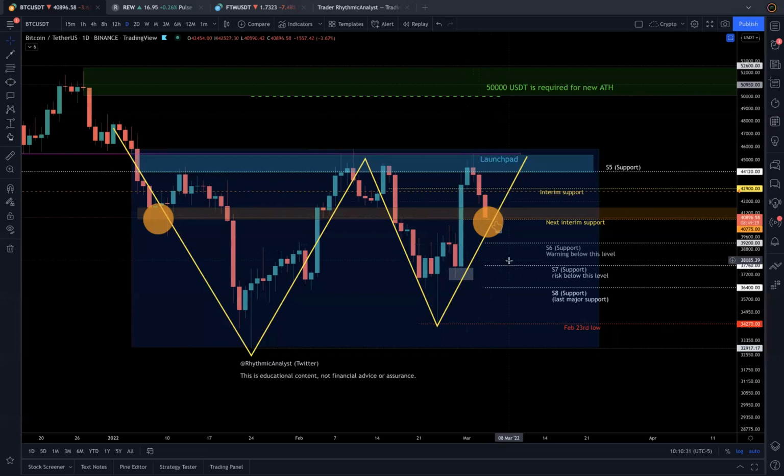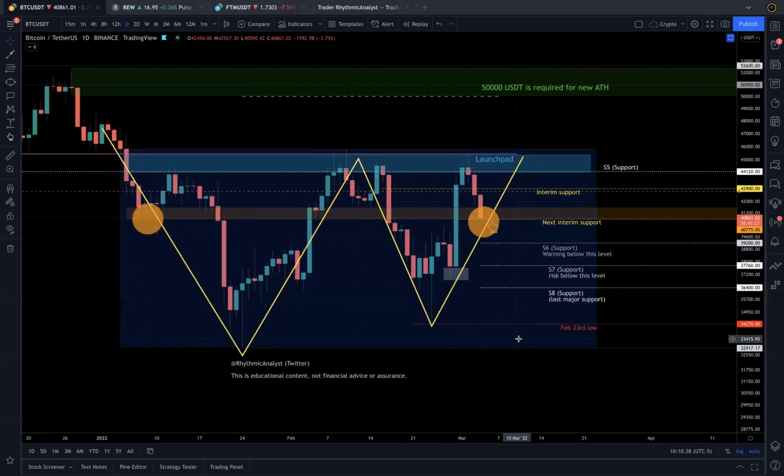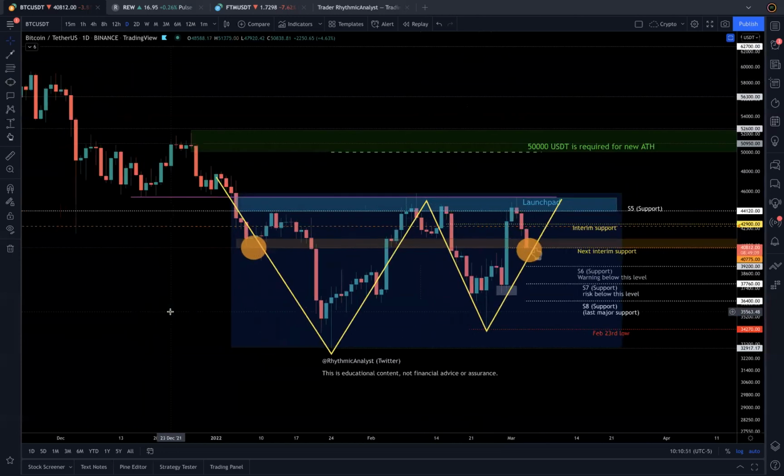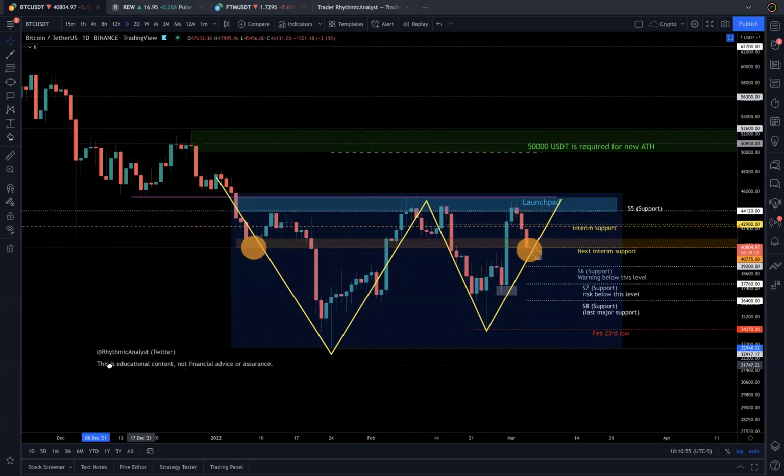That means below S6 is a big risk, or at least a warning. In fact, this pattern will be broken, the W will go away, something else might form, but the point is the bullish pattern will go away, that's for sure. And there is always something, and I'll be able to spot that as well.